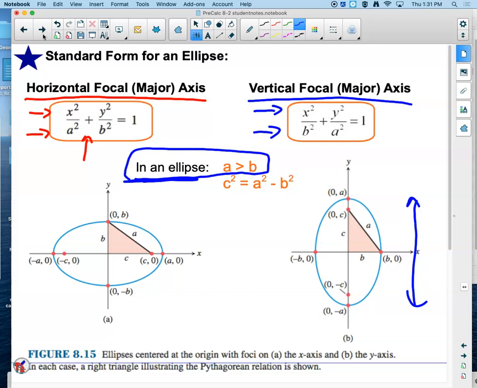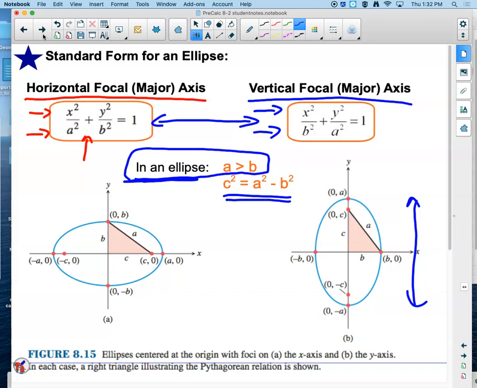Now, there are pieces that we need to be able to find, and one of those pieces is going to be c. And when you look at the formulas themselves, you notice that there isn't a c there. c is the distance from our center to the foci. And so to find it, it's easy to remember that for the formulas that start for an ellipse with addition, if we have something that's missing, then we'd have to use subtraction to find it.